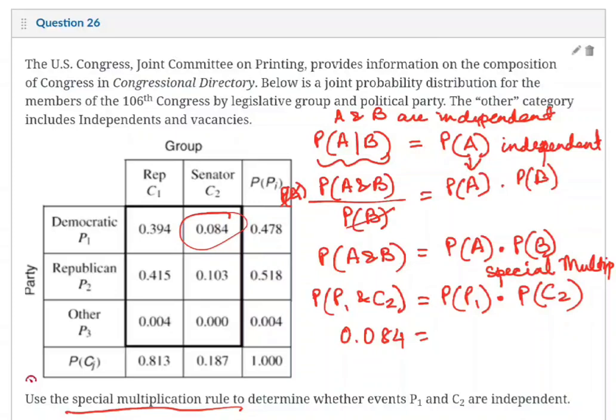So you have to find out from here what the probability of P1 is, what the probability of C2 is, multiply them and compare it and see whether the two sides are equal or not. If they are equal, you're going to say it's independent. If they are not equal, you're going to say they are not independent. All right, so that's how you're going to go about solving this particular problem. Okay.